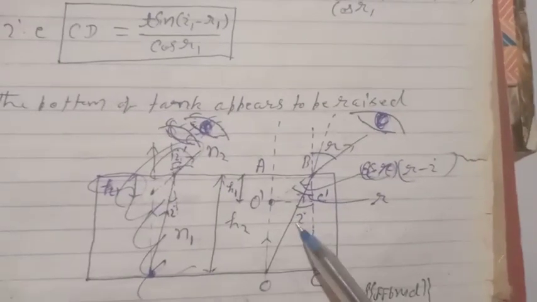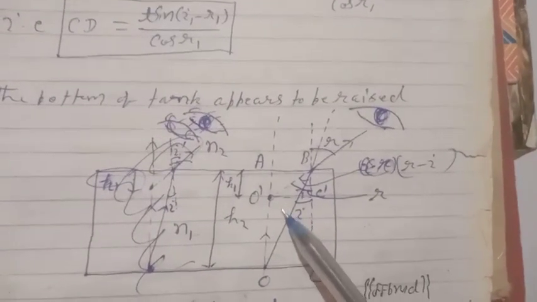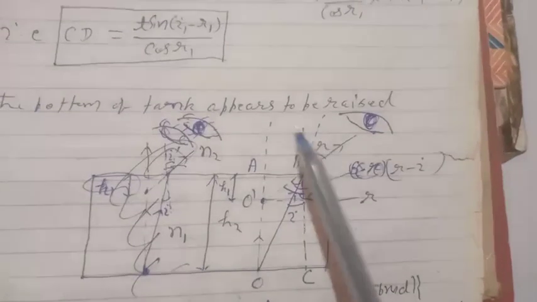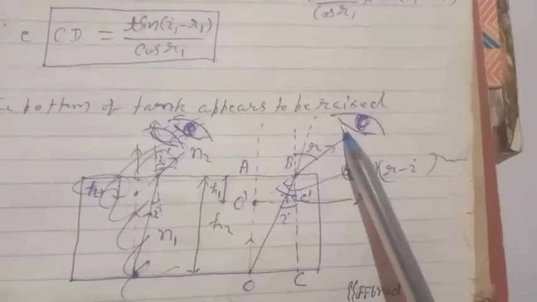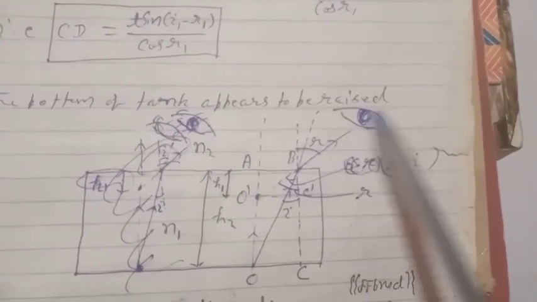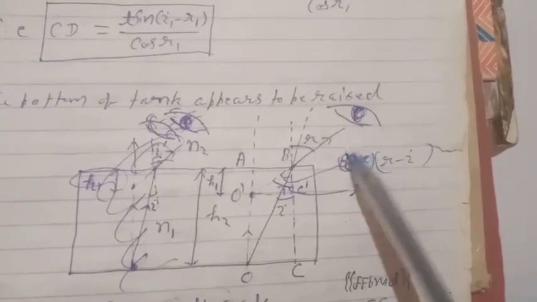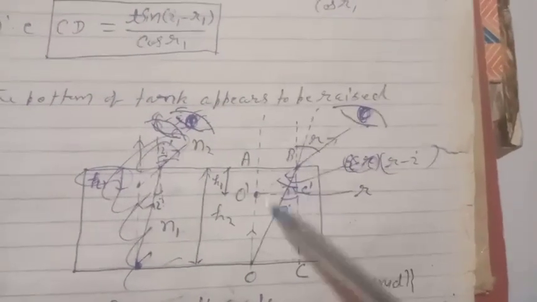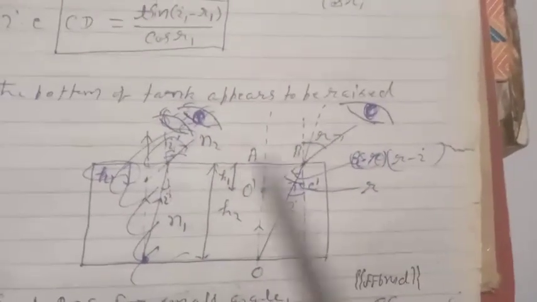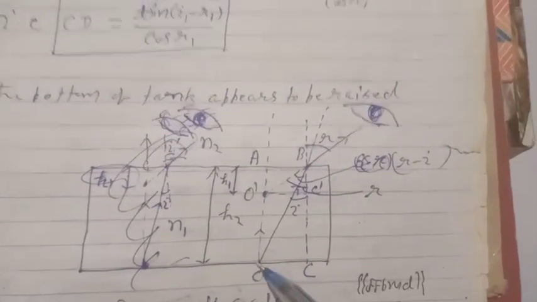So this medium will be the denser medium, and the air will be the rarer medium, because our eye is in air. When light passes from denser to rarer, we know that it bends away from the normal. Here this is a point object.